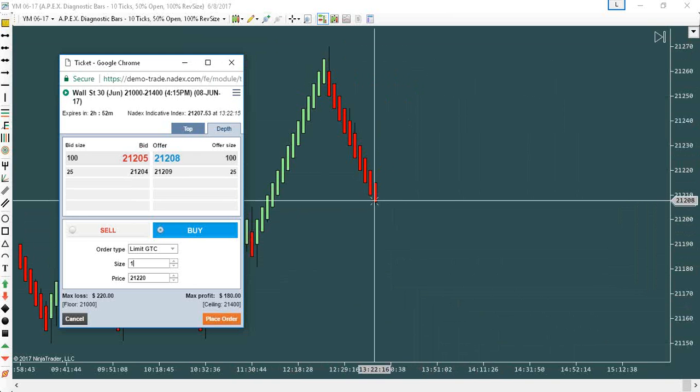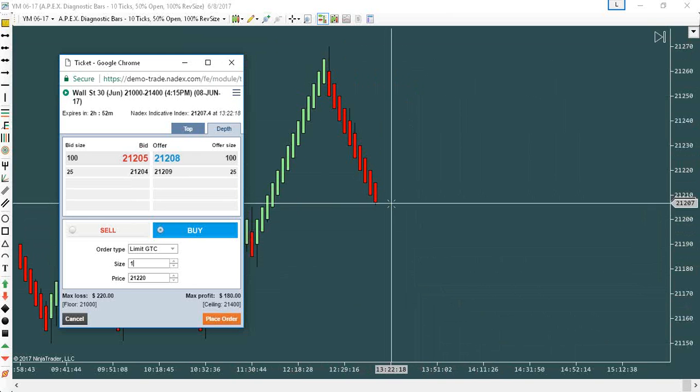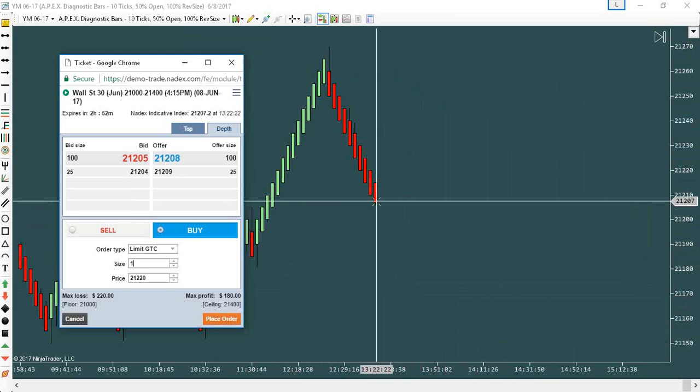And when that binary expired, it was 1 pip below my strike. Then I would have lost the whole $75 based on 1 pip or 1 tick, right? Does everybody see the difference there?